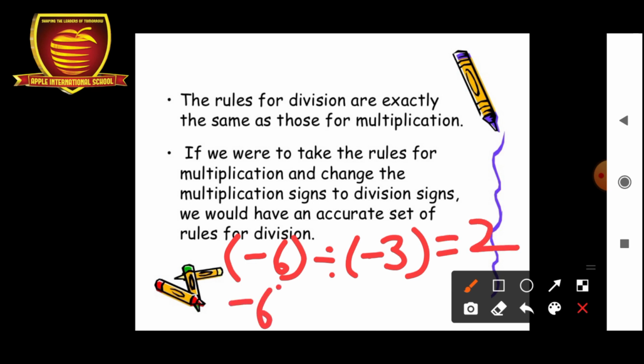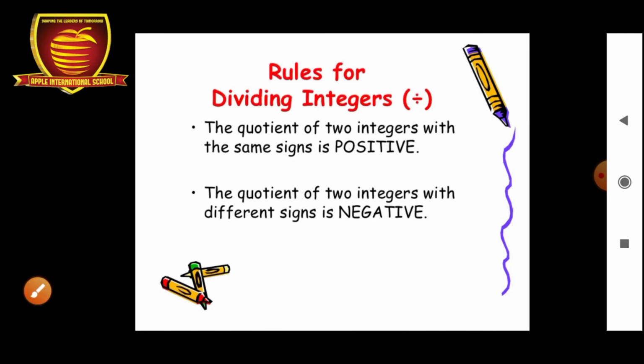If both are of opposite signs, then the answer is negative. So -6 divided by 3, the answer is -2. Again I repeat the rules for dividing integers: the quotient of 2 integers with the same sign is positive, as in the example -6 divided by -2, the answer is 3.